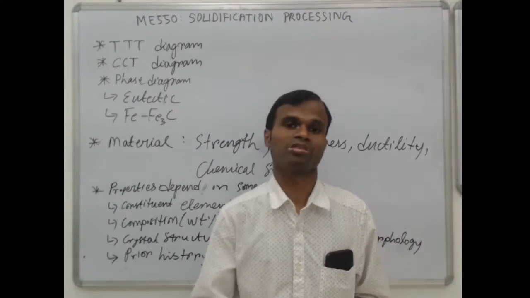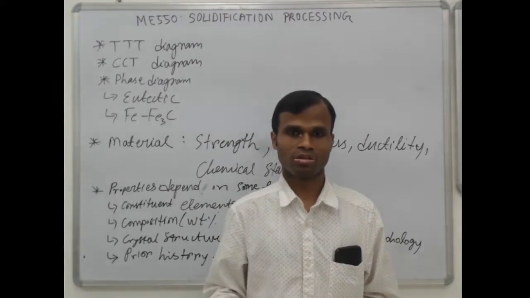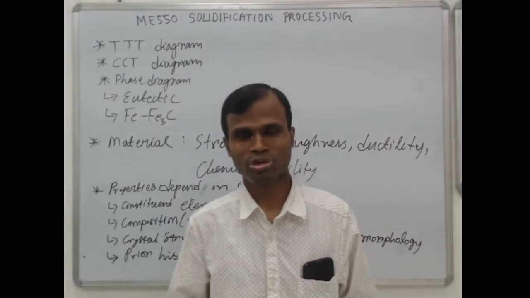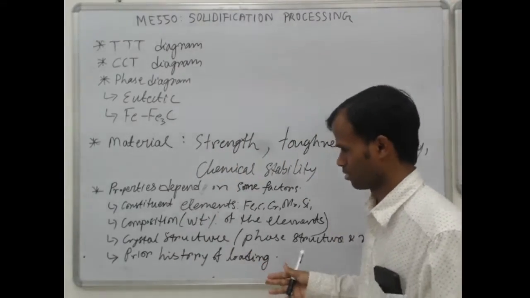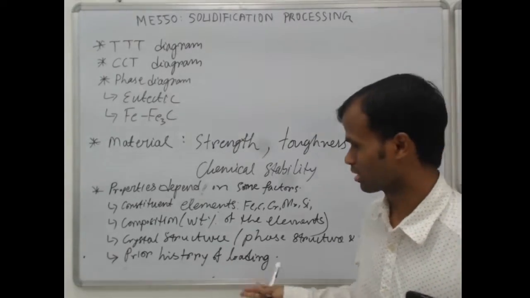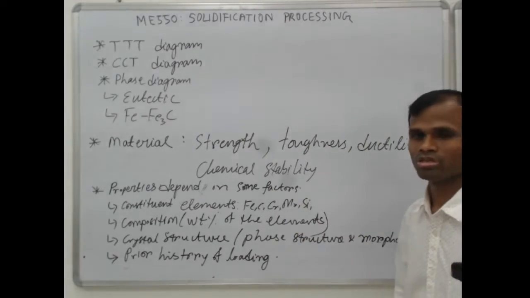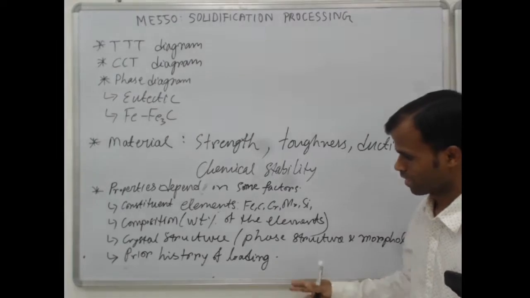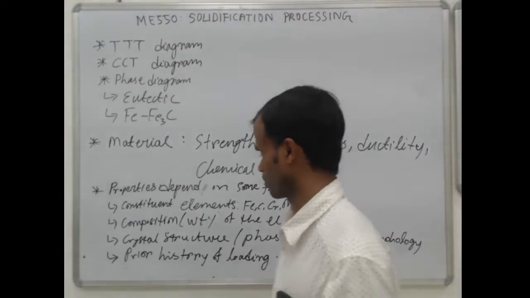The defects can be dislocations, vacancies, or twin boundaries. So the prior history will change the defect concentration, and accordingly the strength will vary depending on the prior history of loading.